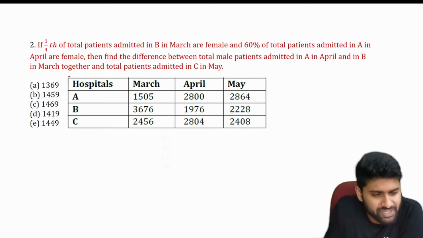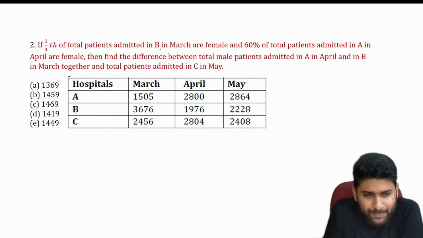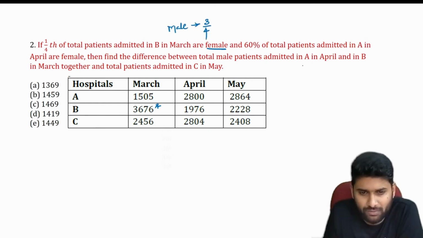Now read this information carefully. If 1/4 of total patients admitted in B in March are female, B March, so here 1/4 is female. So what about male? The male value is 3/4.